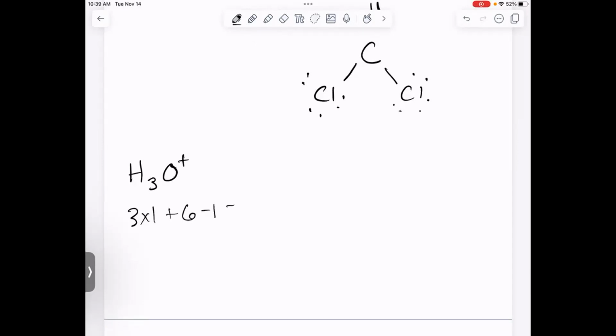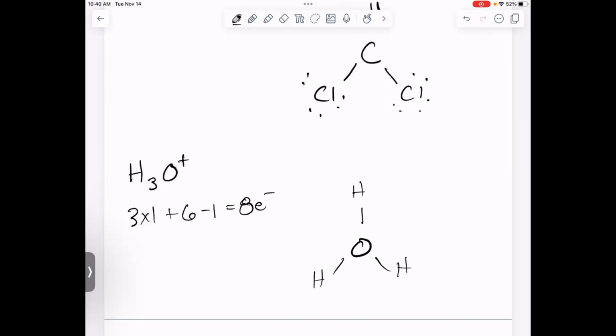So total electrons here, I only have 8 electrons, but I still am just following my normal steps. Oxygen is going to be my central atom. Usually it's the first element, but remember hydrogen can't be the central atom. So oxygen coming second, oxygen is going to be the central element this time, with 3 hydrogens attached to it.